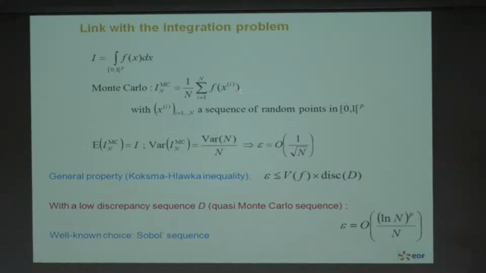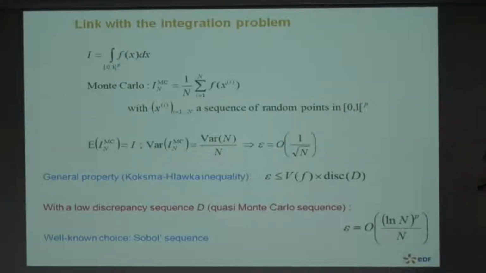We take n random points and we approximate the integral by this. We know that it's unbiased. The mean of this estimator is I. The variance is, this is not n here, this is f. Excuse me. So the error is on the order of 1 over square root of n.